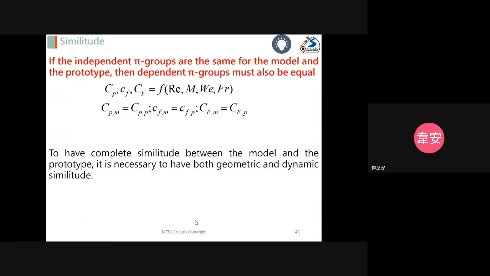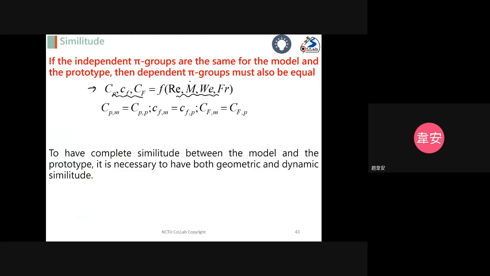So if the independent pi groups are the same for the model and the prototype, then the dependent pi groups must also be equal. This is based on the equation shown here.